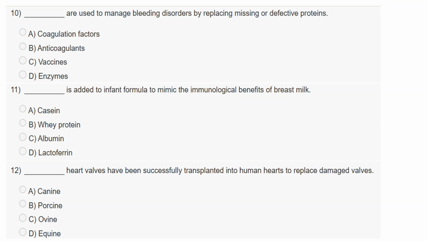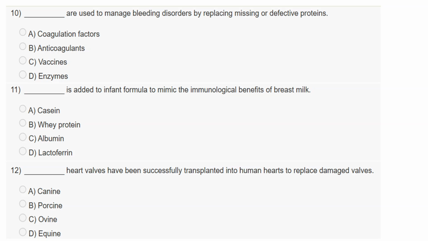It is the coagulating factors that can be used. Next question: dash is added to infant formula to mimic the immunological benefits of breast milk. The answer to question number 11 is lactoferrin. Lactoferrin provides those immunological benefits.